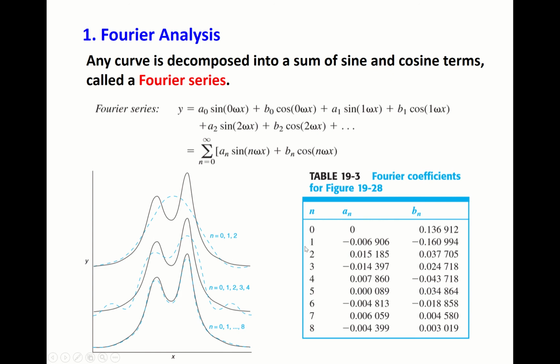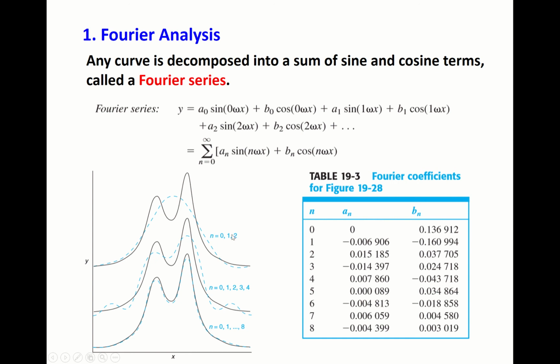Of course, if you take more n numbers, 9, 10, 11, 12, more and more n values give you a much more precise representation of the original spectrum.